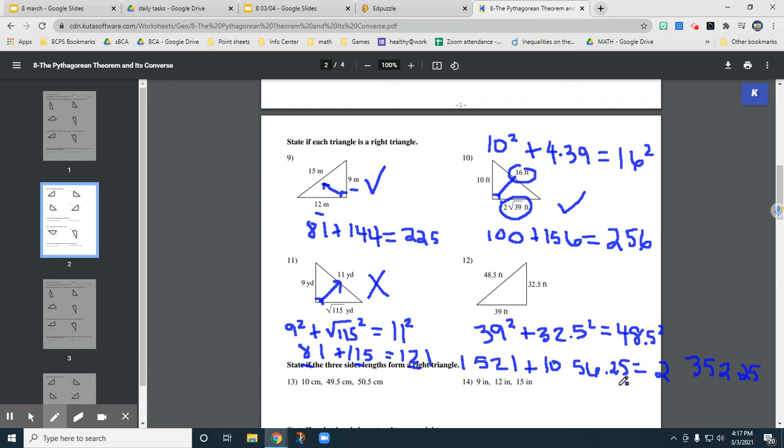So if we add them together, will we get the same amount?